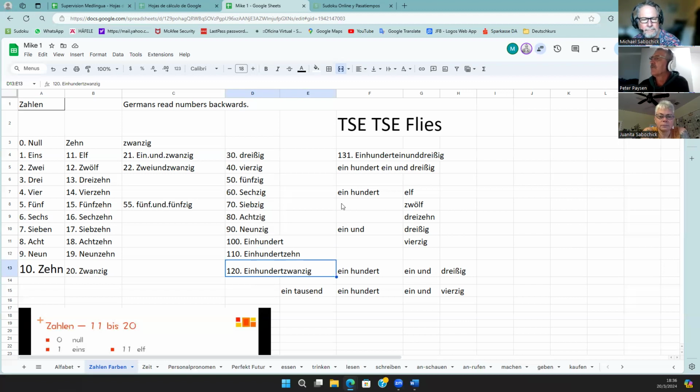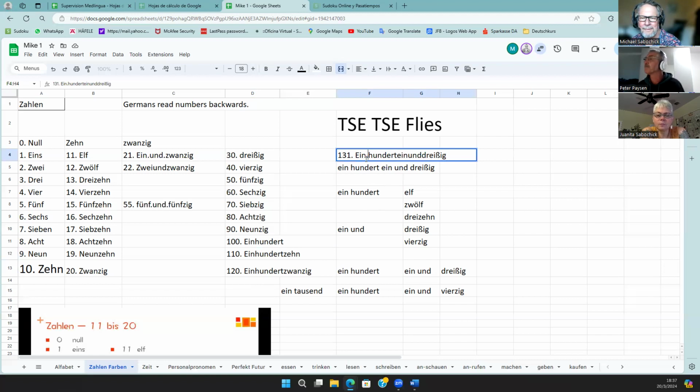And then if you want to go further than that, we come to 131. So all these Germans, we got ein, then we got hundert, then we got ein, then we got und, and then we got dreißig. 131.